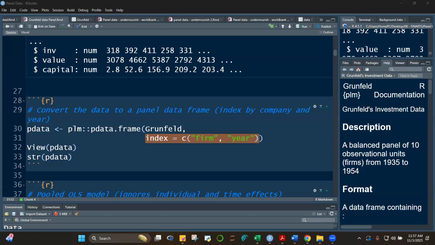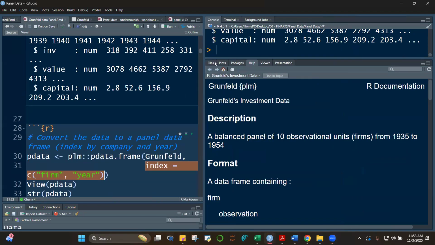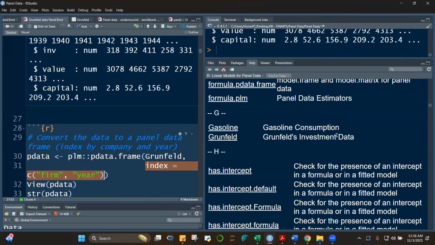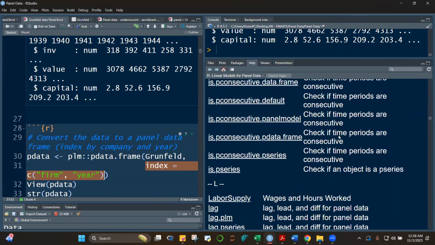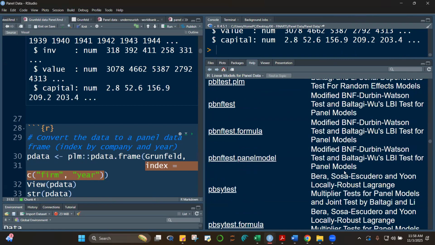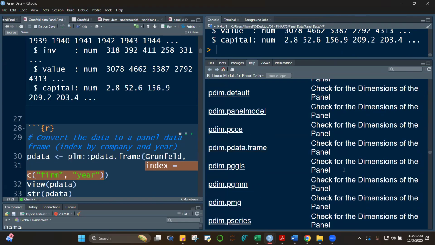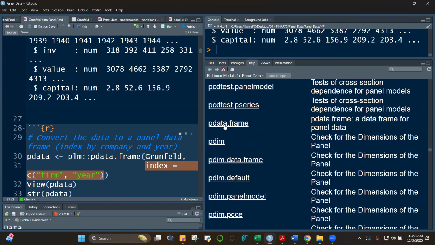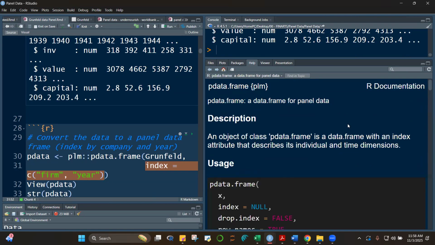Okay. All right. Let's go back here, class, to the plm package. Let's check here. pdata.frame. Let's click this.